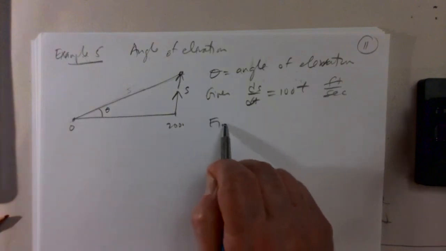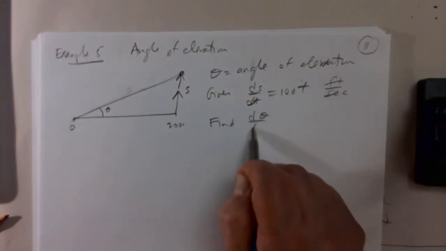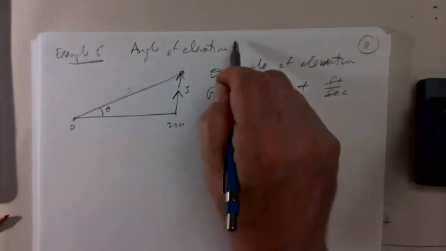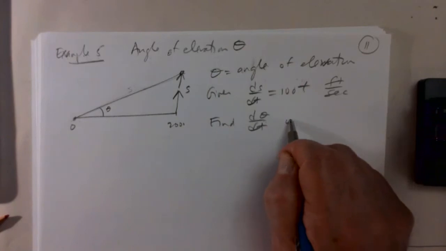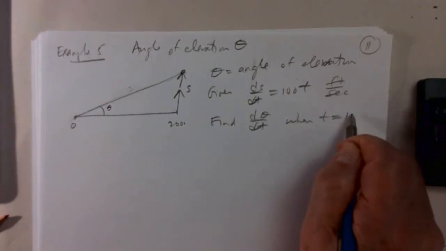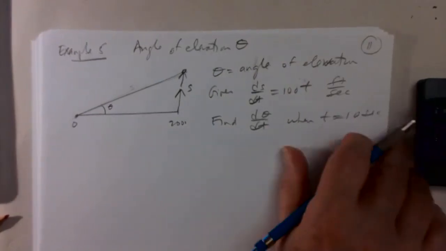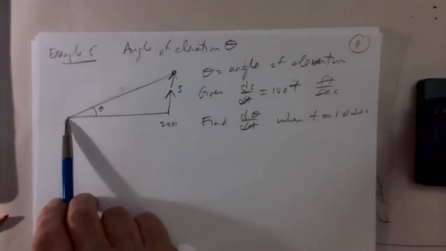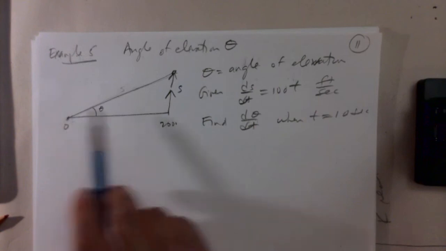And the problem is to find the rate of change of the angle of elevation, d theta/dt, when t is equal to 10. So here you are watching the rocket with your telescope.